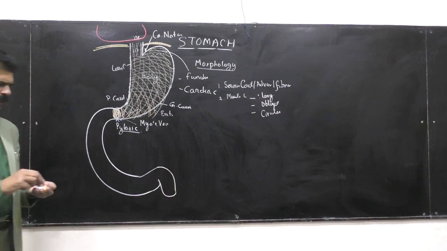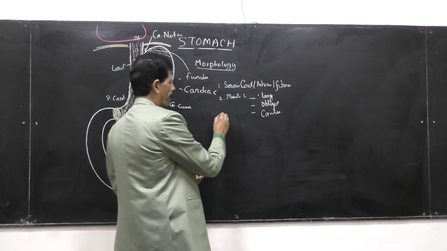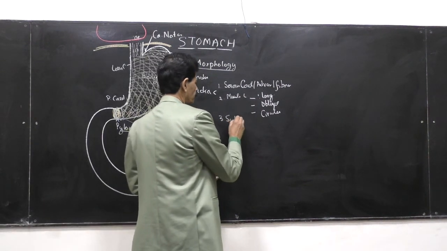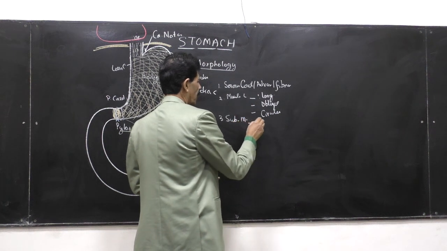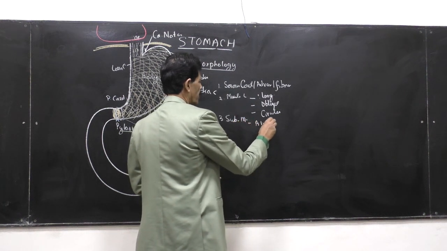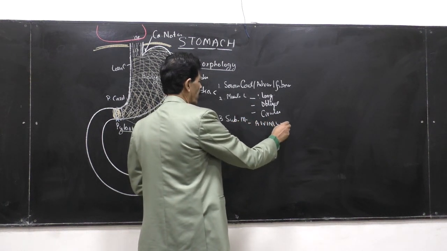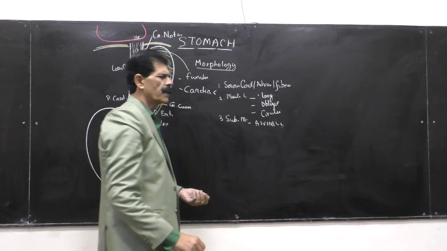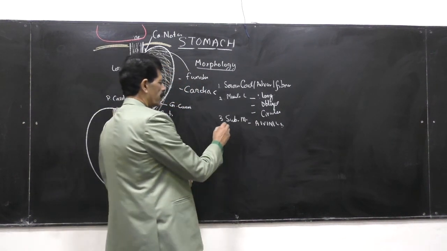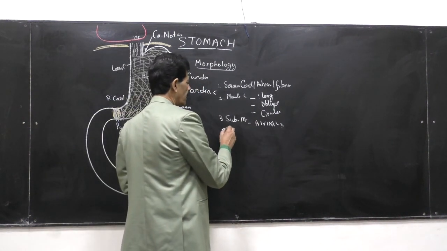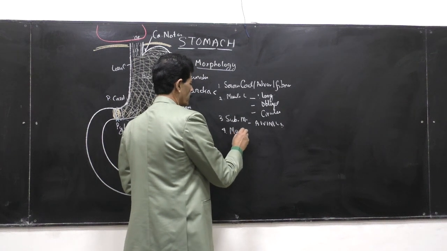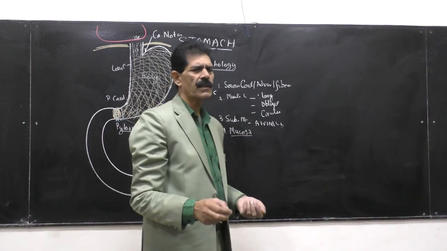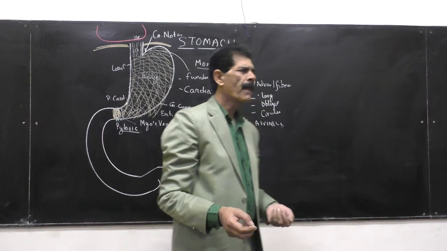Inner to the muscle lies the submucosa, and in the submucosa lie the arteries, veins, nerves, lymphatics, and lymph nodes. The innermost layer of the stomach is called the mucous membrane, or mucosa. Different types of histological cells are present in the mucosa.